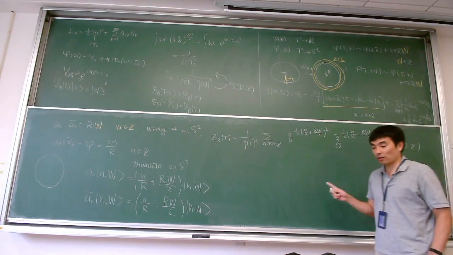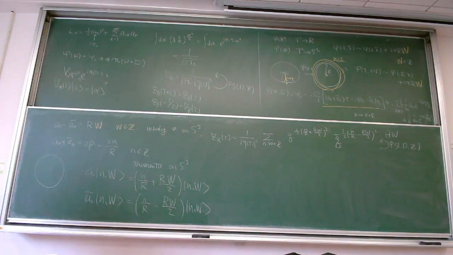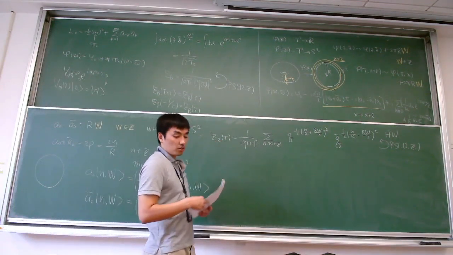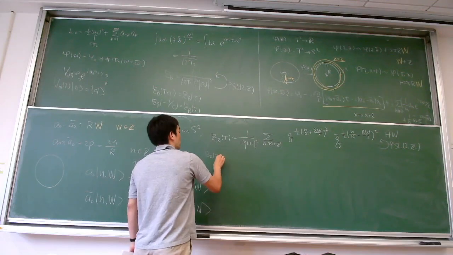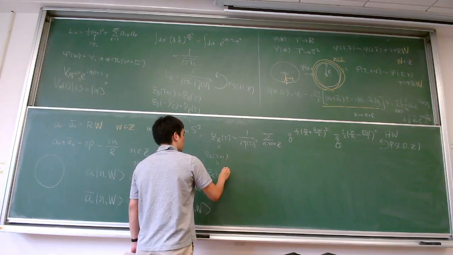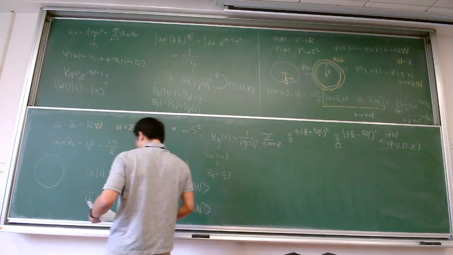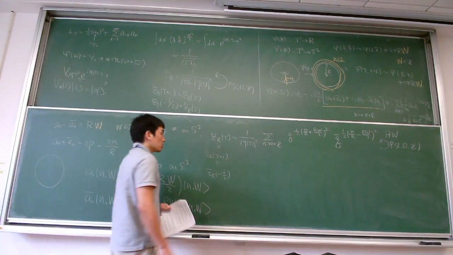I'm not going to write down the Poisson resummation formula, which is written in the lecture note, but to show this is PSL2Z invariant means this is equal to ZR. So this is homework.